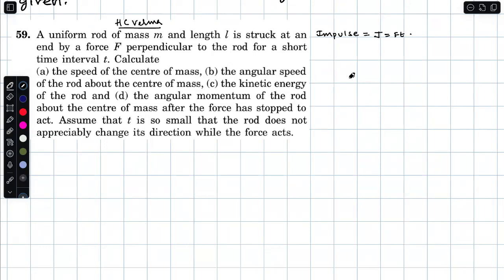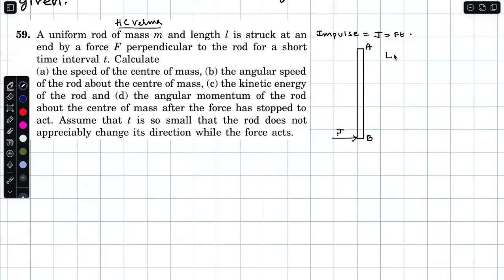Right. Now the question is, this is on a horizontal table. At the end, you struck here.